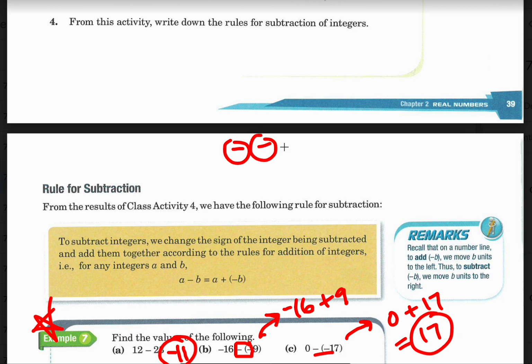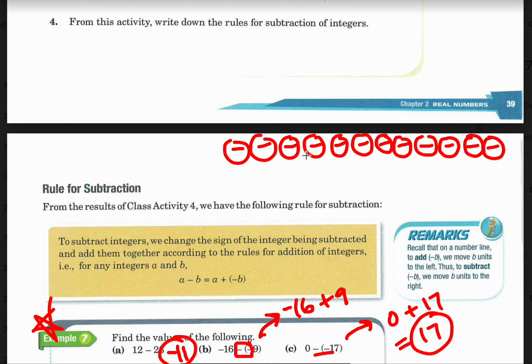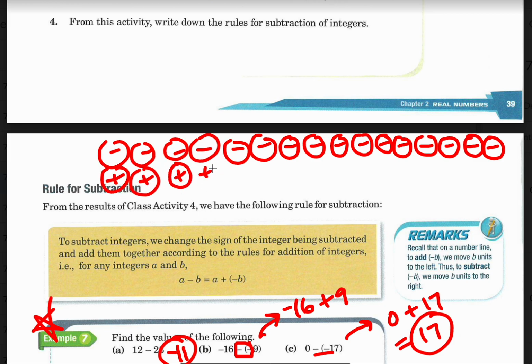Negative 16, I'm drawing 16 negatives. My hand's going to hurt at the end of this. 1, 2, 3, 4, 5, 6, 7, 8, 9, 10, 11, 12, 13, 14, 15, 16, and 9 positives. 1, 2, 3, 4, 5, 6, 7, 8, 9.